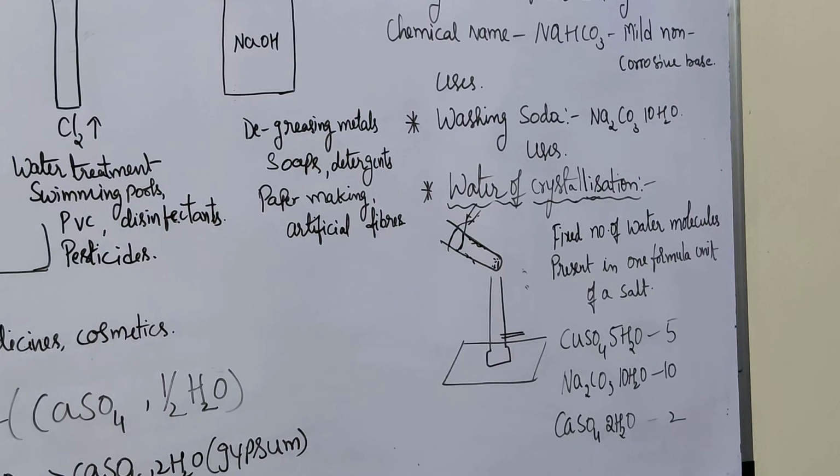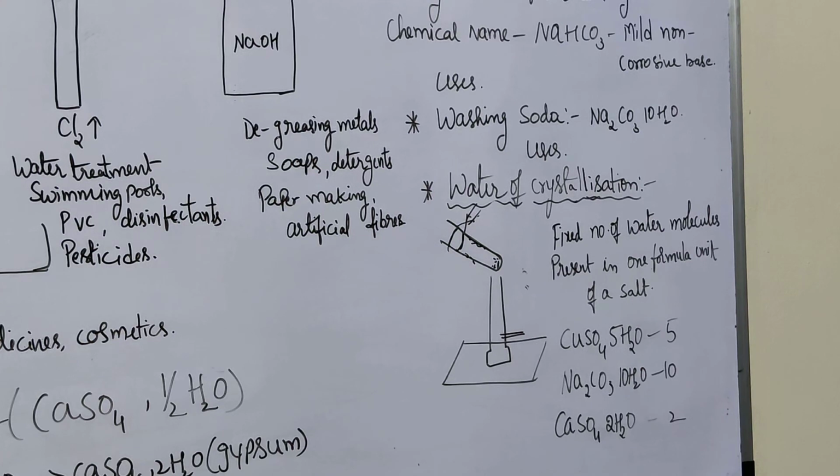This is known as plaster of Paris. This substance is used to set fractured bones in the right position. It is a white powder, and on mixing with water it sets into a very hard solid mass due to the formation of gypsum.